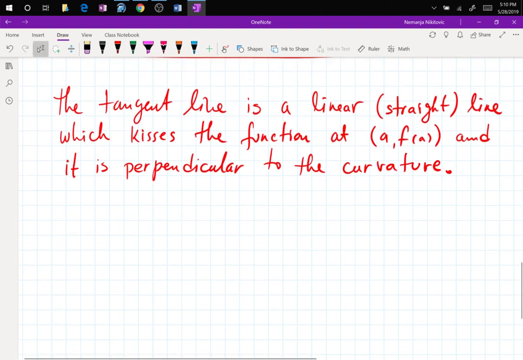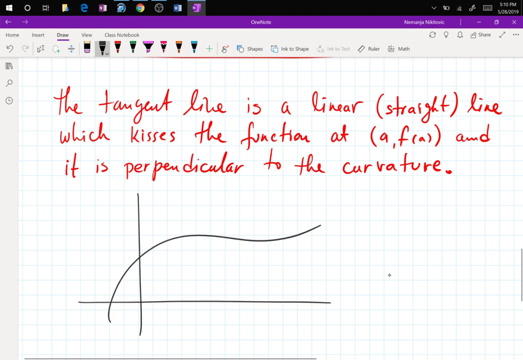Now, this calls for explanation, so let's draw some function f of x in the xy plane, and then draw a tangent line at f of a.